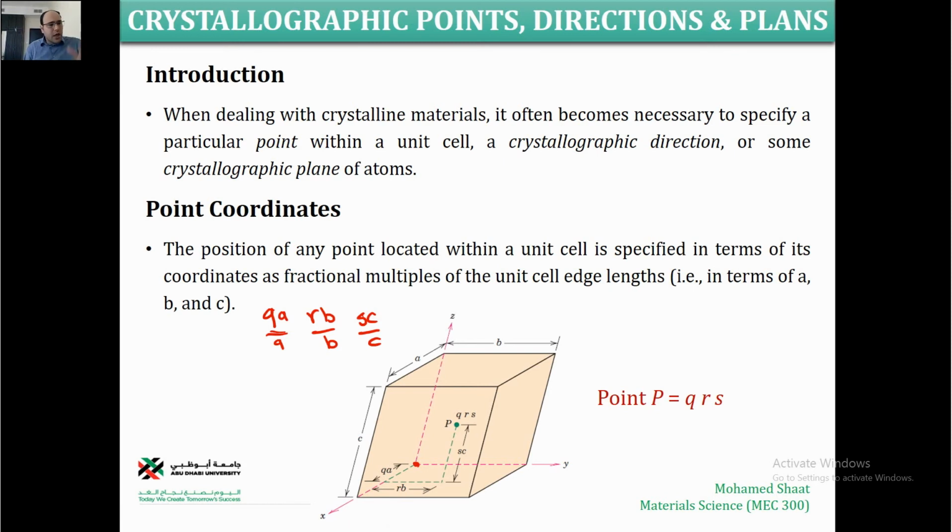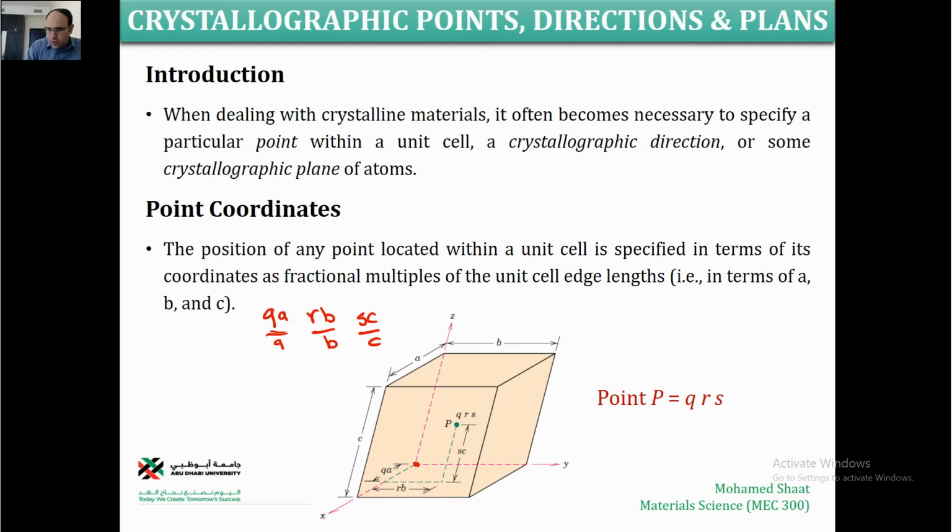We have one fraction, then another fraction, that indicate the percent of the travel along the A edge, the percent of the travel along the B edge, and the fraction, the percent of the travel along the C edge.